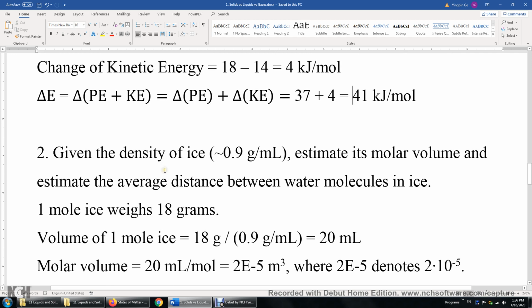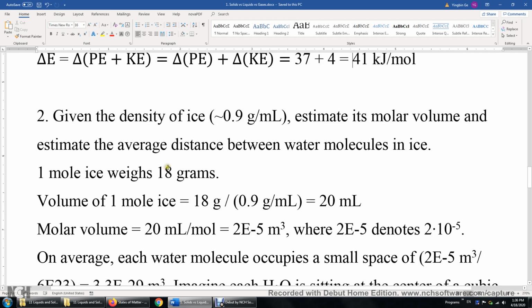Let's look at another example problem. Given the density of ice, estimate its molar volume and estimate the average distance between water molecules in ice. Or let's say between two neighboring water molecules in ice.